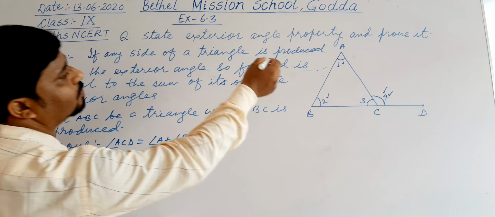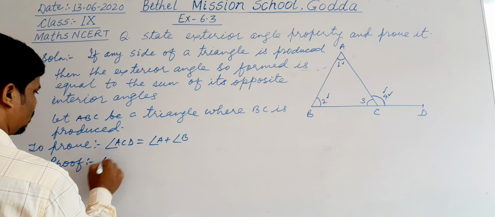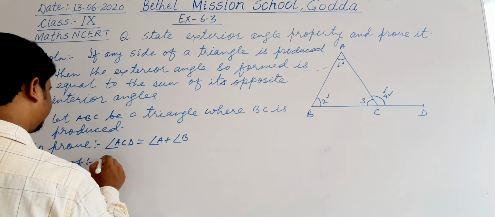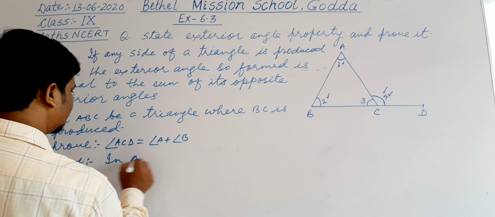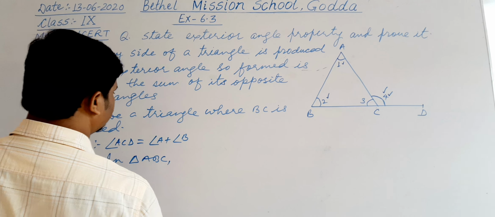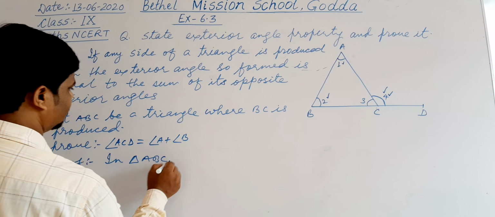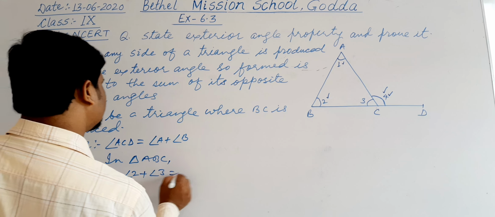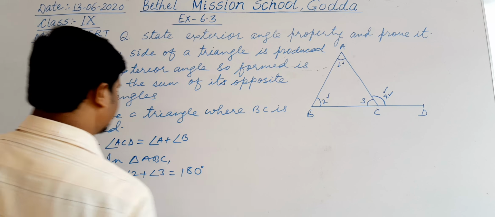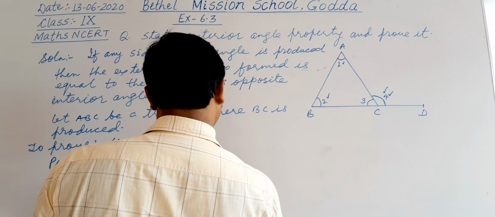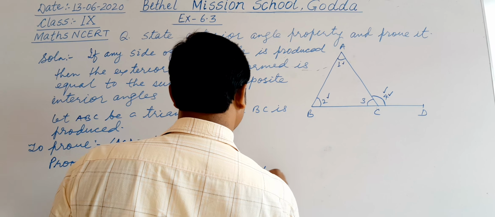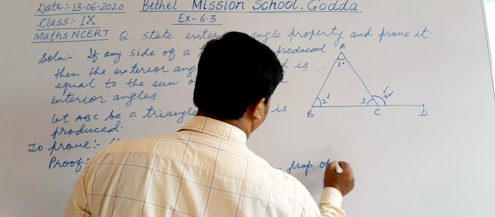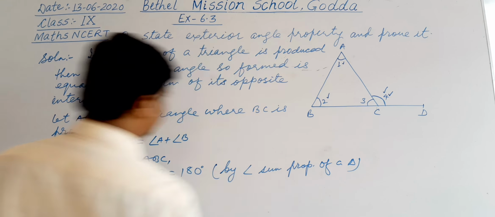So first, you know that in triangle ABC, angle 1 plus angle 2 plus angle 3 equals 180 degrees by the angle sum property of a triangle.